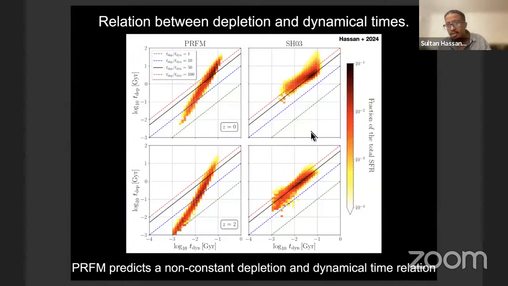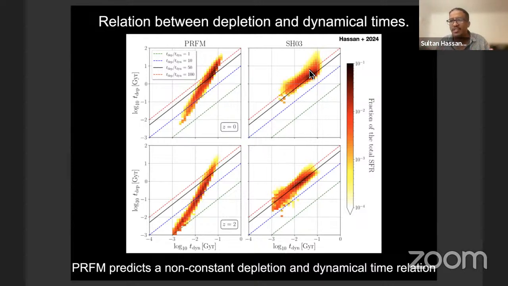So the first exciting result we get here is the relation between the depletion time and the dynamical time, which is another proxy for the star formation. And this is a busy plot. So you see the depletion time on the y-axis, dynamical time on the x-axis. On the left, this is the prediction from our model, the BRFM, and on the right, these are the traditional methods. And of course, the traditional methods really match these diagonal lines.